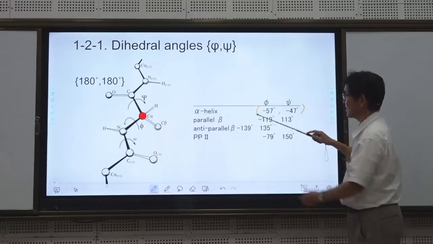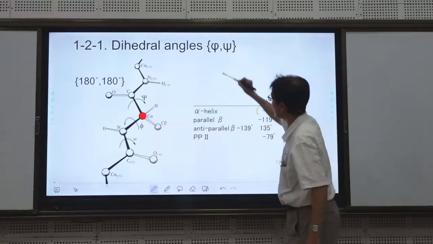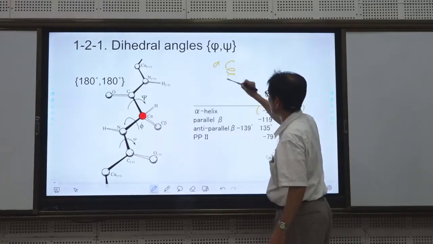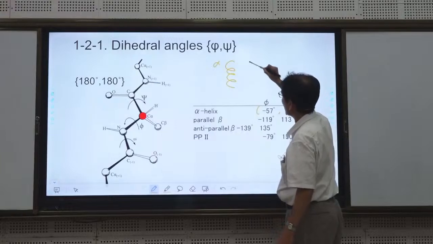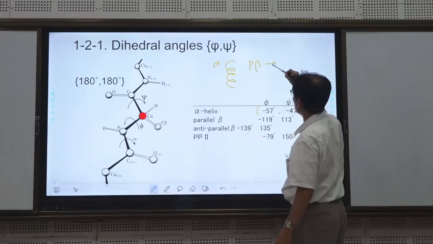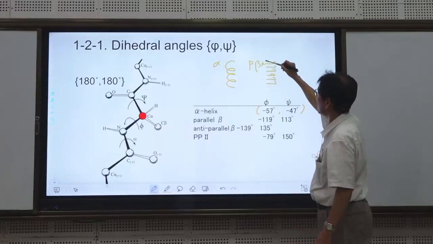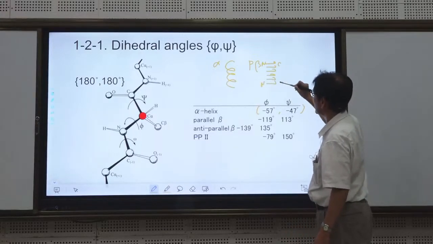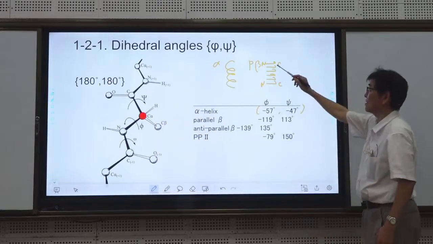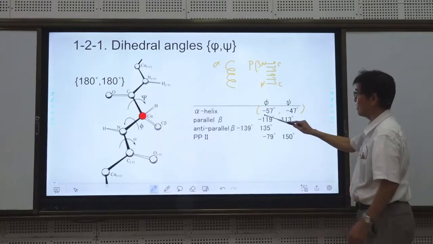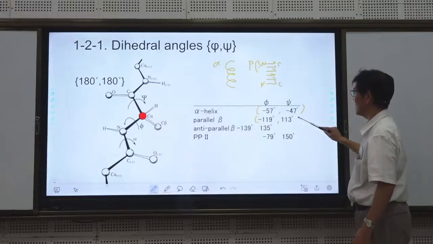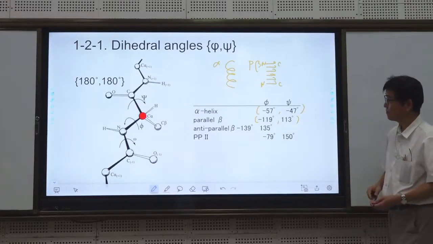then it is an alpha helix structure. And in the case of parallel beta structure, it is something like this. In parallel beta, N to C are all in the same direction, then the dihedral angle should be in this region.